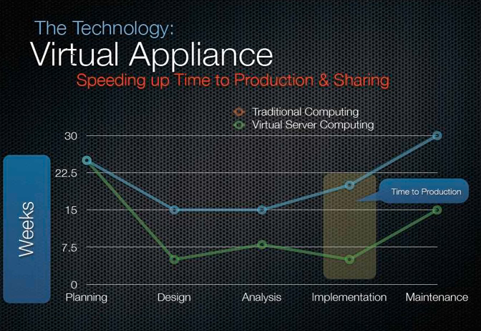What you see here is a graph that shows traditional versus virtual server computing. What I really want you to focus on is the time to production. If we do some of the things that I mentioned before, where we have a virtual appliance, and we do some of the pre-work and planning that goes into putting code into production, we'll see a decrease in time in actually getting that code to a production environment.